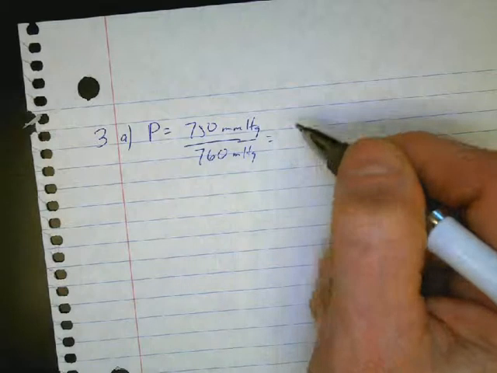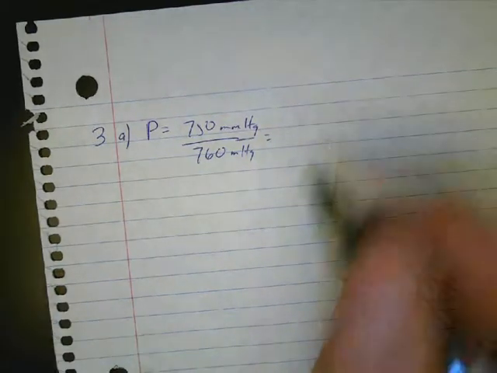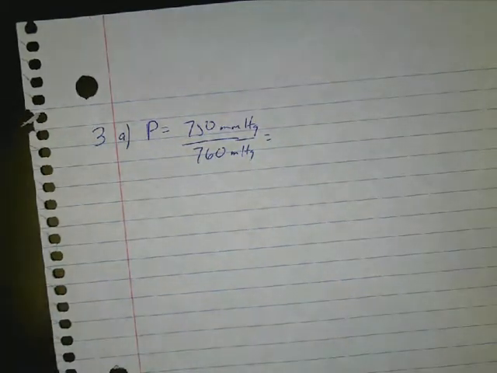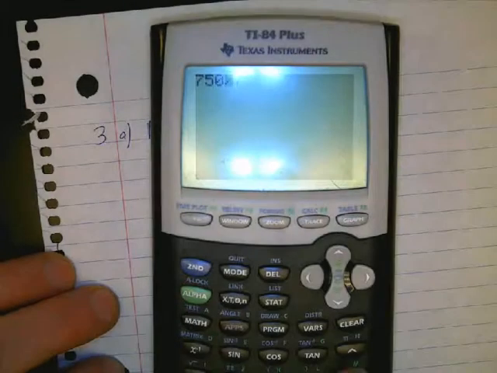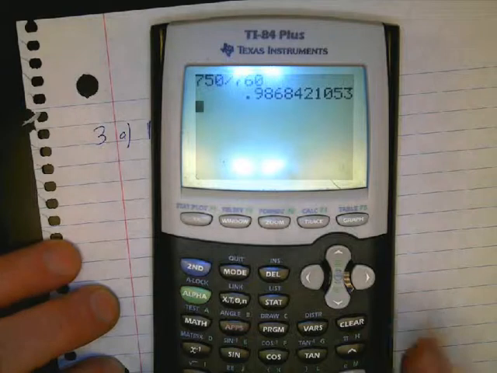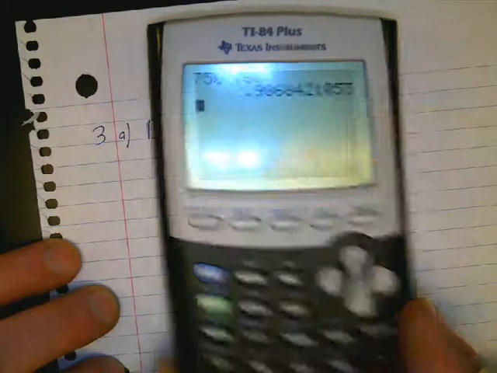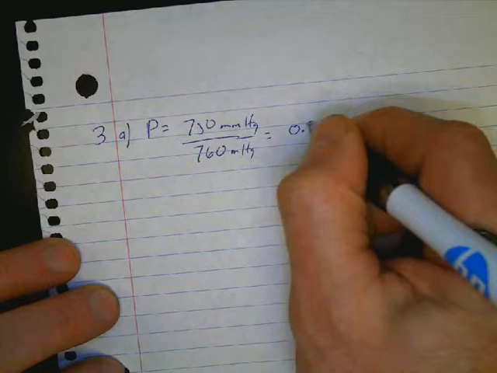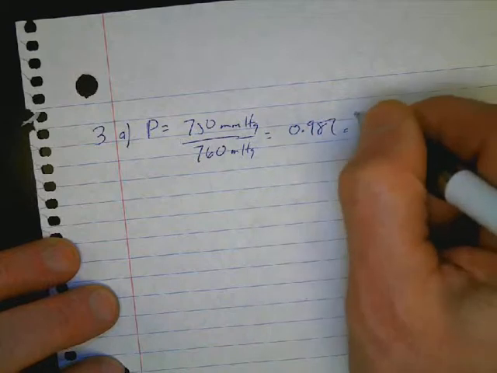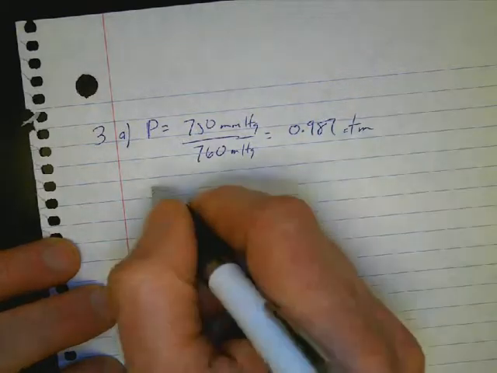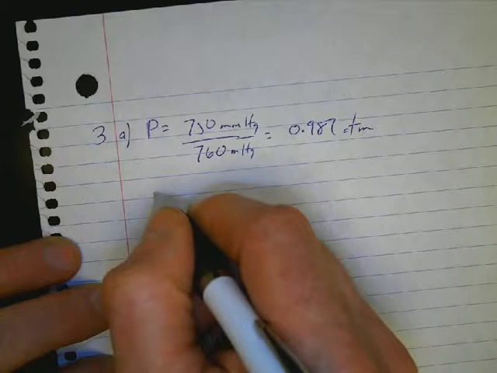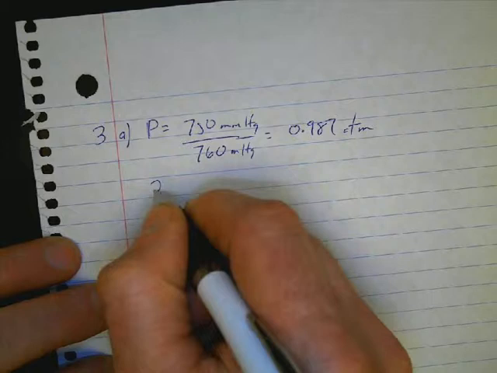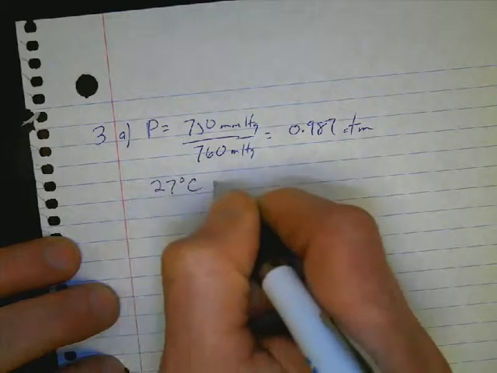Okay, 750 divided by 760, 0.987 ATM. Okay, the temperature is 27 degrees Celsius, so we know we have to add 273 to that, so that's going to be 300 Kelvin.